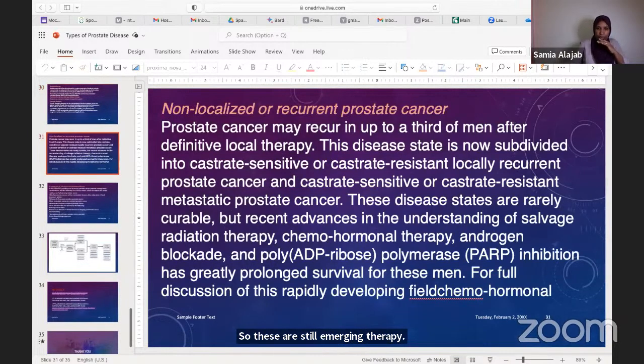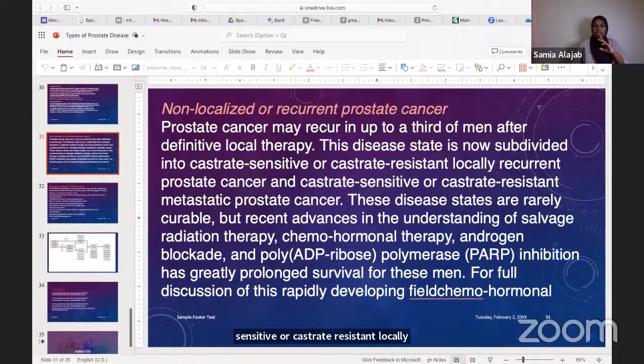Okay, so in case of non-localized or recurrent prostate cancer, prostate cancer may recur in up to a third of men after definitive local therapy. So this disease state is now subdivided into castrate-sensitive or castrate-resistant locally recurrent prostate cancer, and castrate-sensitive or castrate-resistant metastatic prostate cancer.